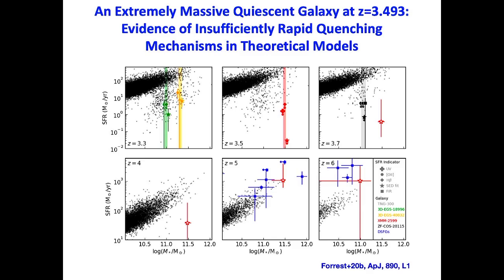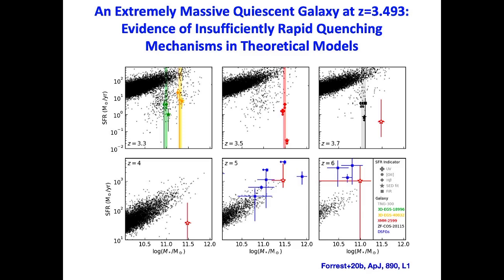And so this is interesting. There are a couple of points to take away from this. First of all, simulations are able to produce galaxies of this stellar mass, so it's not really a problem to form galaxies with stellar mass above 10^11 or so.